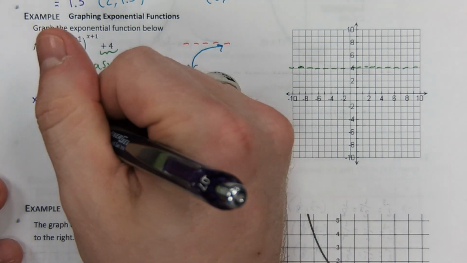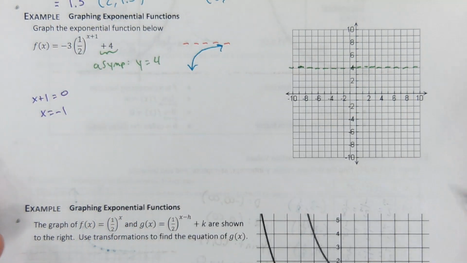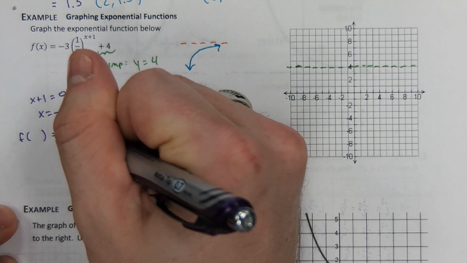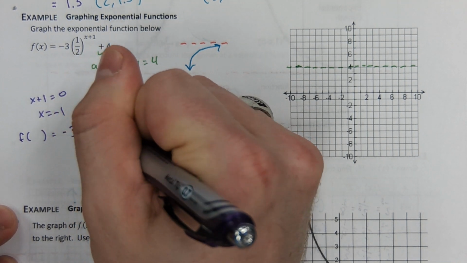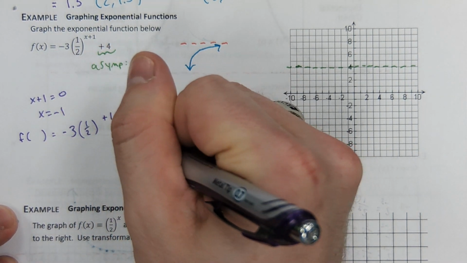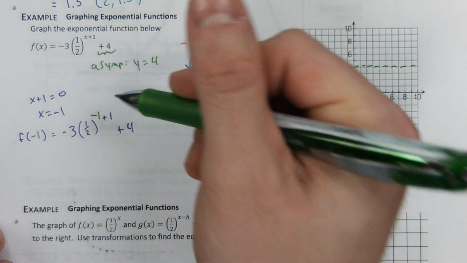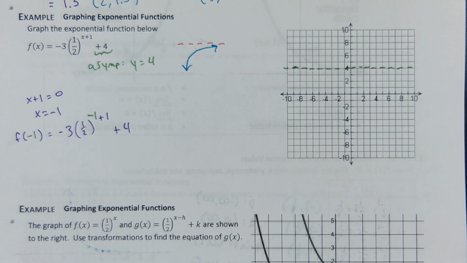Subtract a 1 from both sides, and you get x equals negative 1. I need to know what the y value is there. So I'm going to plug in x equals negative 1 to my function. Of course, in the exponent position, negative 1 plus 1 is just 0.